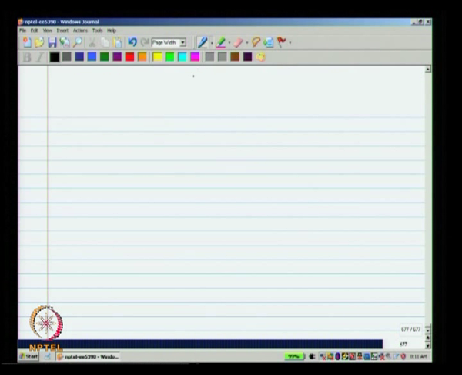Now, if we go back to the evolution of the band gap, what we did was we had the PTAT cell.